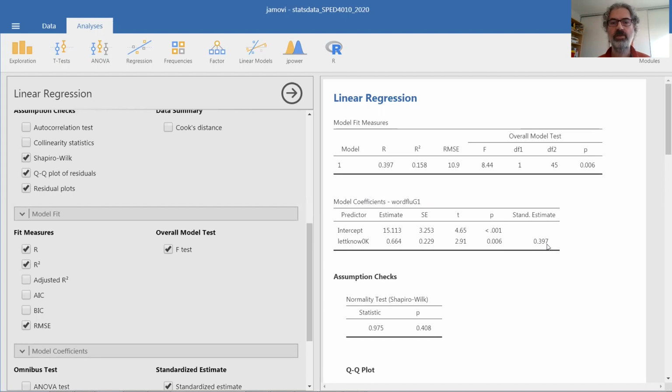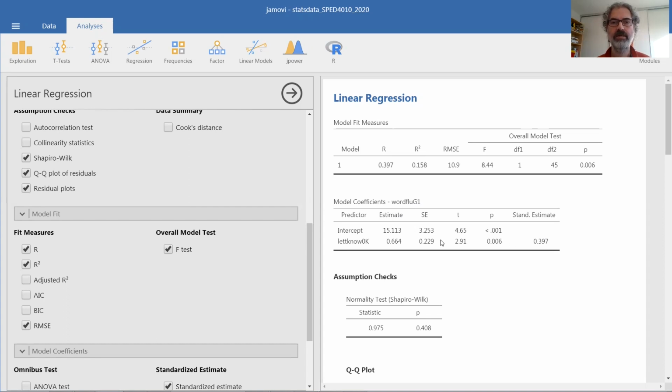It is the slope you would get for letter knowledge in kindergarten if, instead of running a regression for letter knowledge predicting word fluency in grade 1, you had run a regression for the z-score of letter knowledge in kindergarten predicting the z-score of word fluency in grade 1. You can actually try that and see that you'll get this slope.